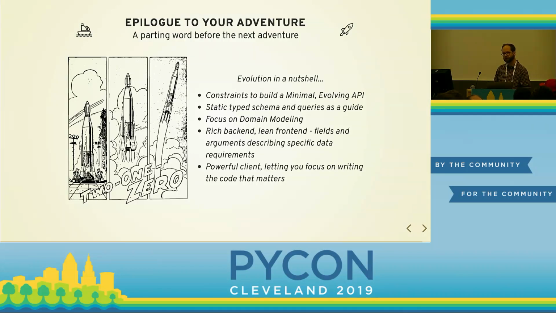It allows you to focus on domain modeling, guides you towards that, and guides you towards a rich backend with a lean front end. Fields and arguments can really specifically describe the exact data requirements of your clients. There are also powerful client libraries that let you focus on writing code that matters. So yeah, that's it.